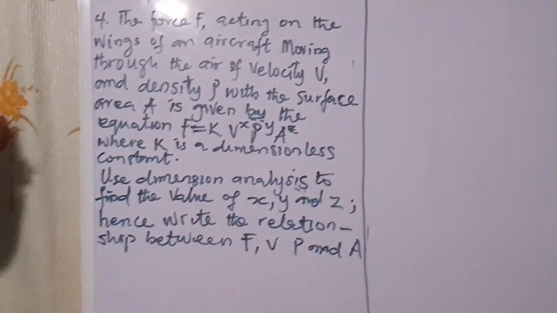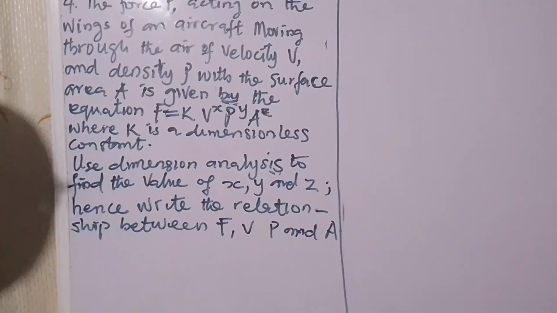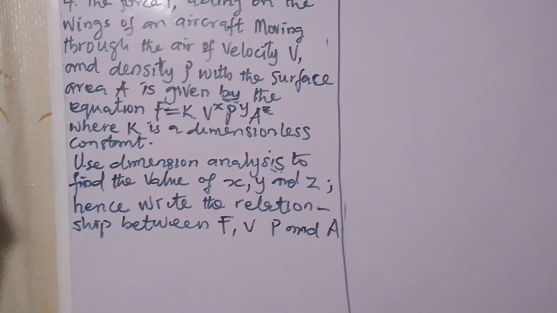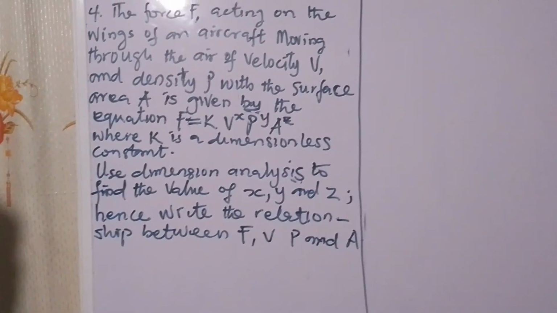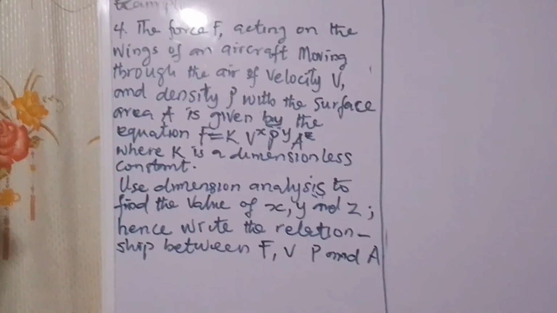Use dimensional analysis to find the values of x, y, and z. Hence, write the relations between F, V, P, and A. The method still remains the same, but let's go through it and see.